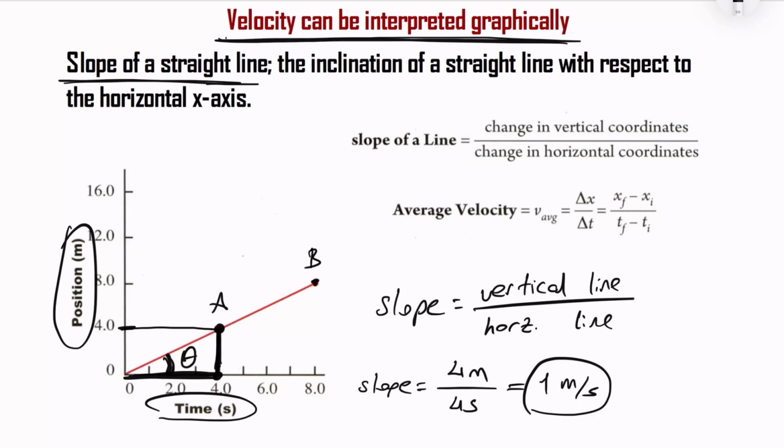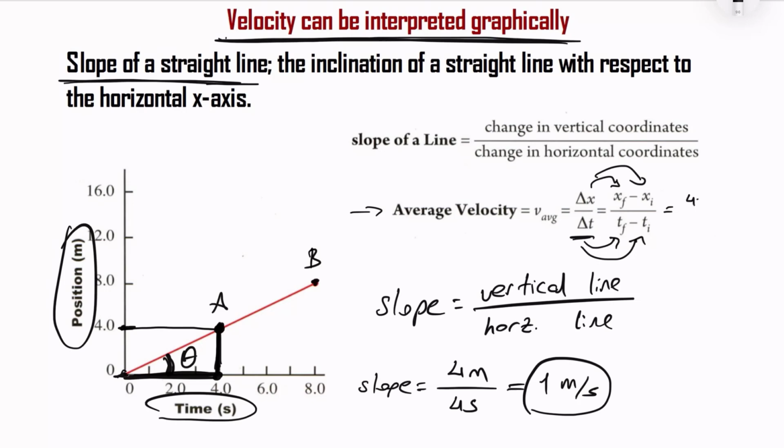Simply. And if you remember the formula of the average velocity, v average equals delta x over delta t, where delta x equals x final minus x initial, and delta t equals t final minus t initial. If we check point A again on the graph, what are the initial and final positions? The initial position is 0 and the final position, according to point A, is 4.